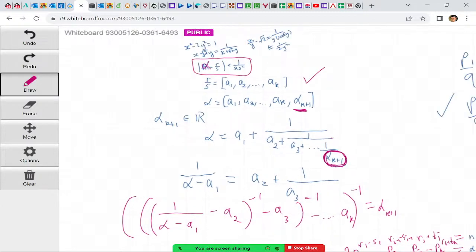And also, do you guys remember about finite continued fractions? The key theorem was that a continued fraction is finite if and only if the number is rational. And then there was one little thing, that for a finite continued fraction, the length could be extended, it could be even or odd length.